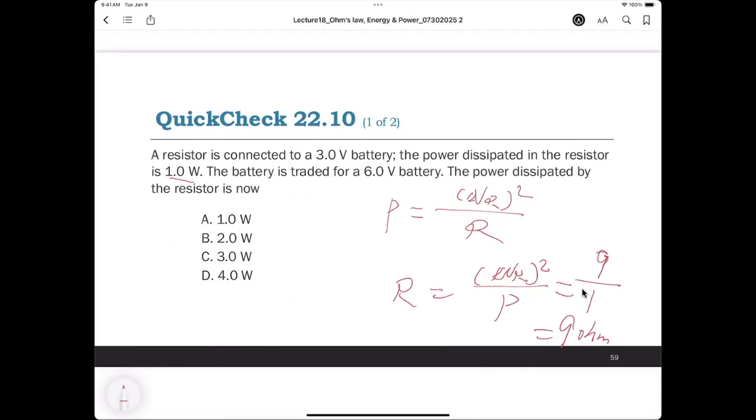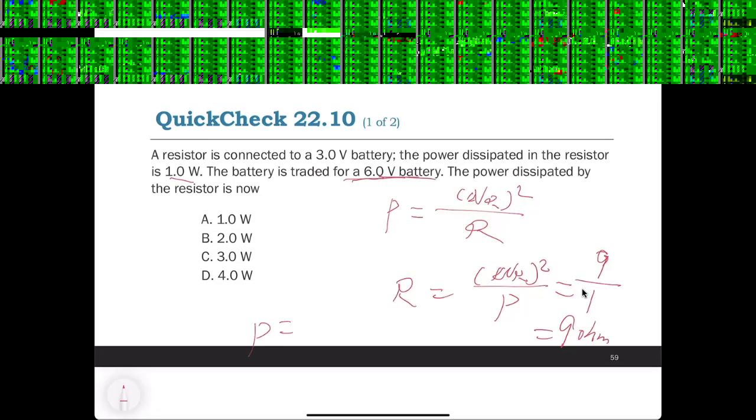And then for the 6 volts, the resistor will now change. So the power will change to 6 squared, 36, divided by 9.